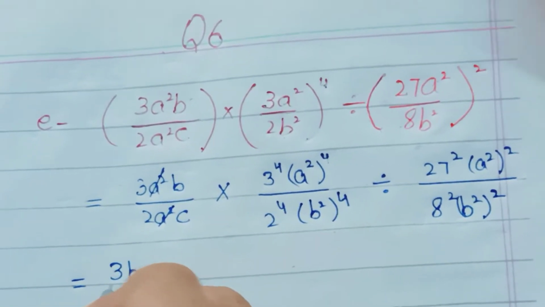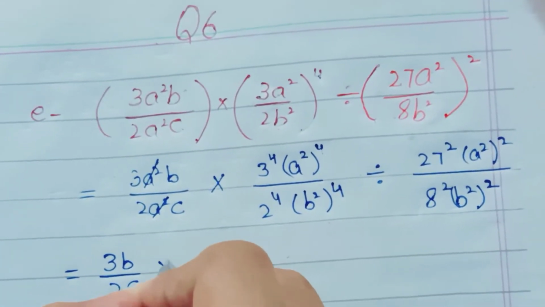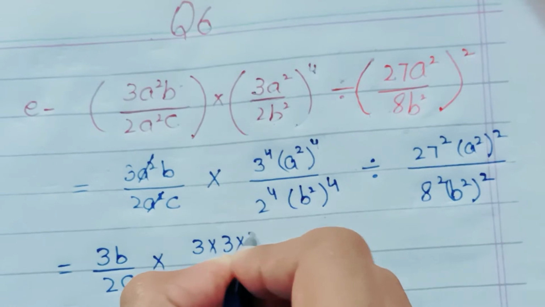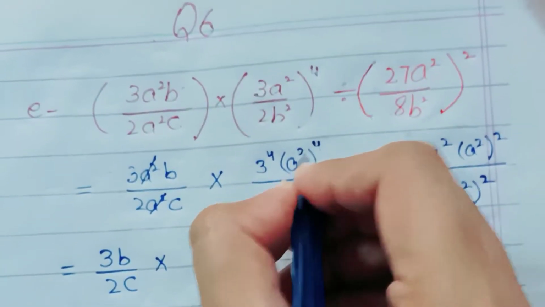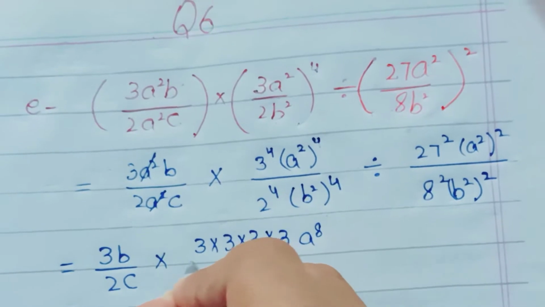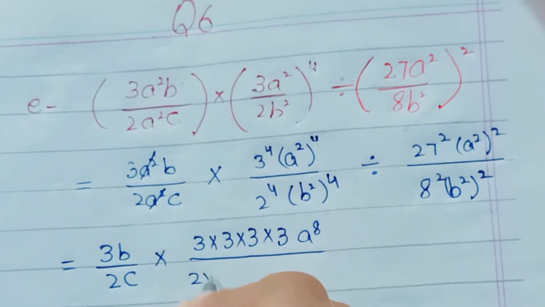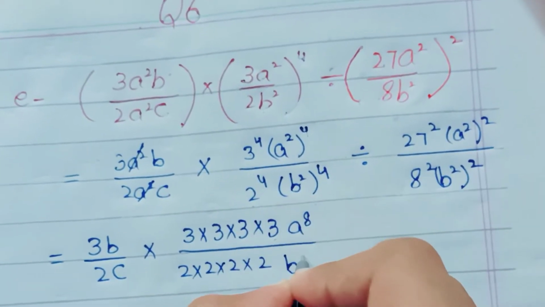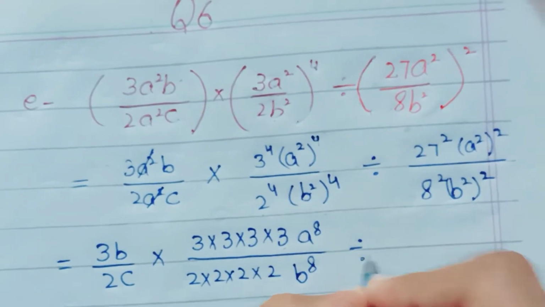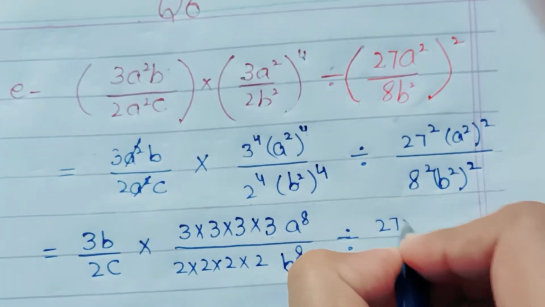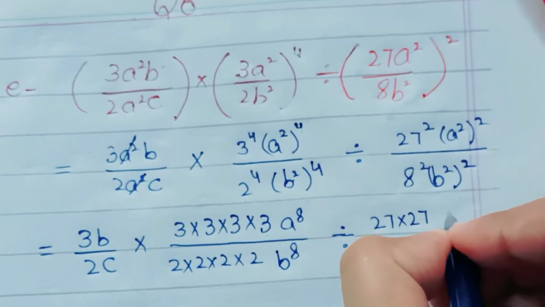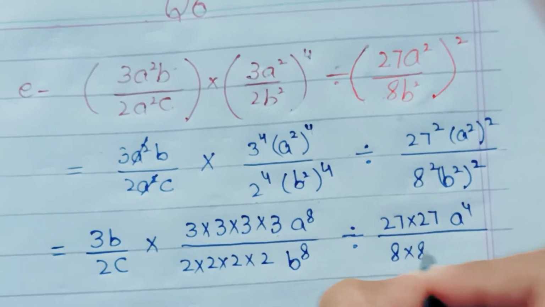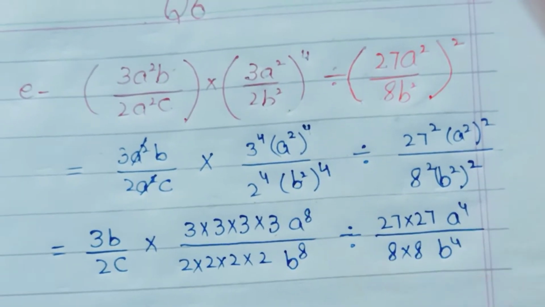Then 3b over 2c multiplied by 3 four times, so we will write it like this: 3 multiply by 3 multiply by 3 multiply by 3, and 4 2s are 8, a raised to power 8 over 2 four times, 2 multiply by 2 multiply by 2 multiply by 2, b, 2 4s are 8, divided by 27 two times, so we will write it like this, and a, 2 2s are 4, over 8 two times, so 8 multiplied by 8, b, 2 2s are 4.